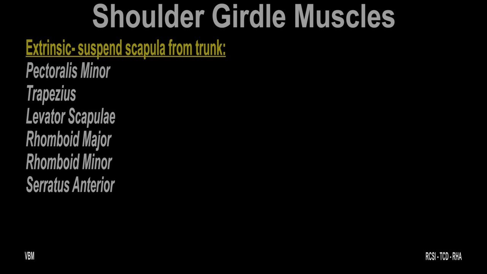Shoulder girdle muscles. The following extrinsic muscles suspend the scapula from the trunk: Pectoralis minor, Trapezius, Levator scapulae, Rhomboid major, Rhomboid minor, and Serratus anterior.